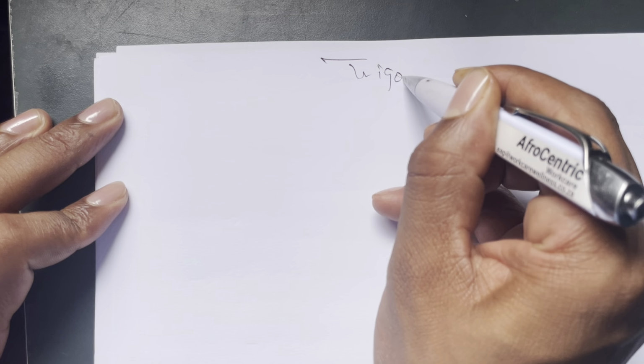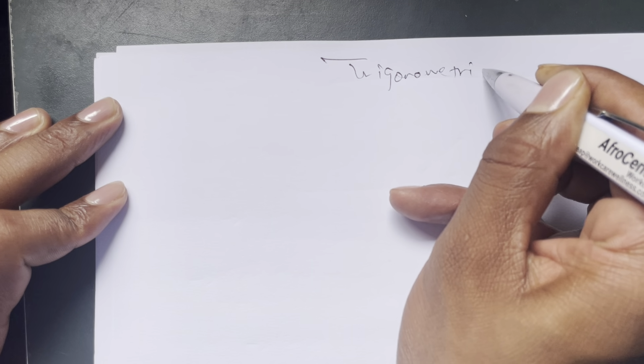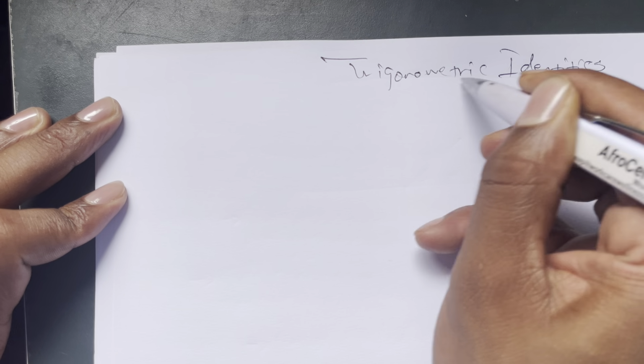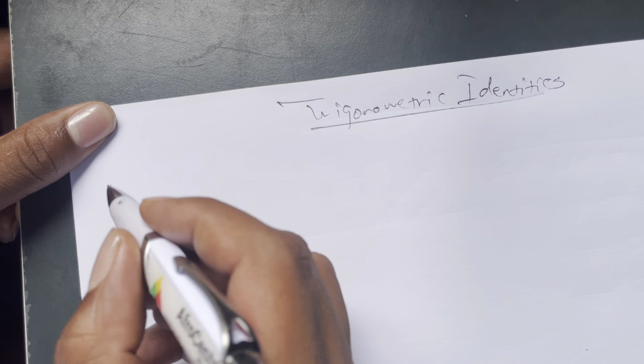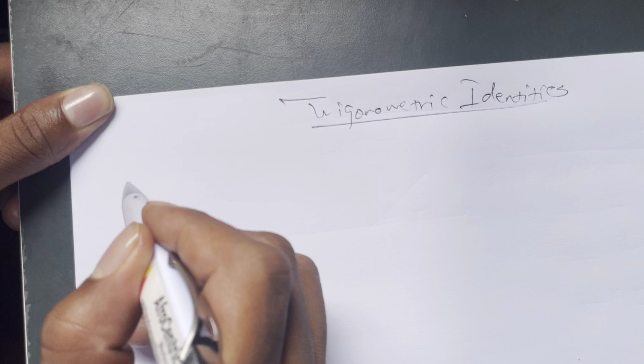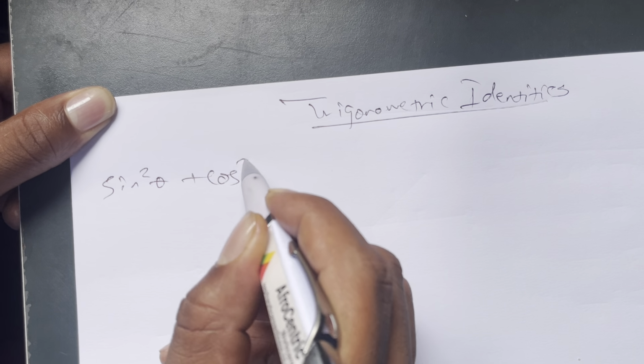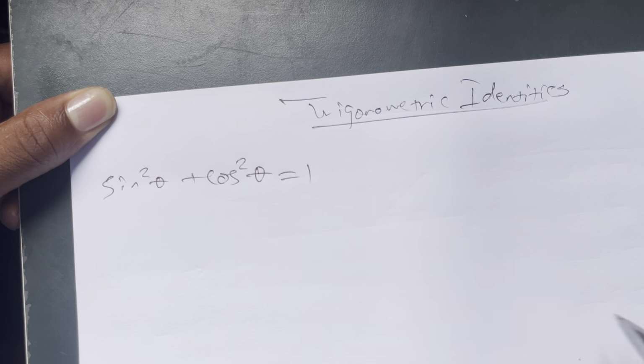Trigonometric identities. So, trigonometric identities, identity number one, we know it as sine squared theta plus cos squared theta equals 1.